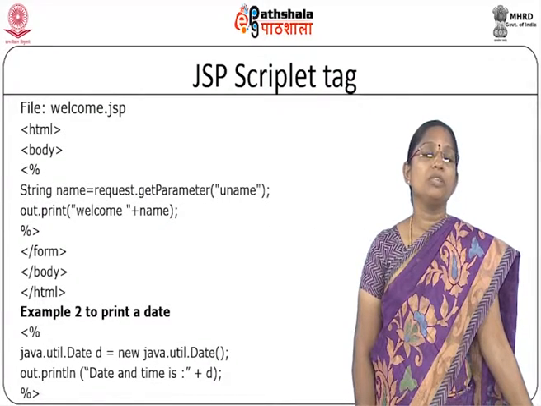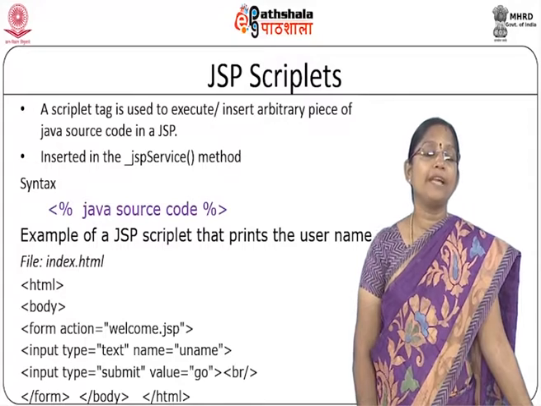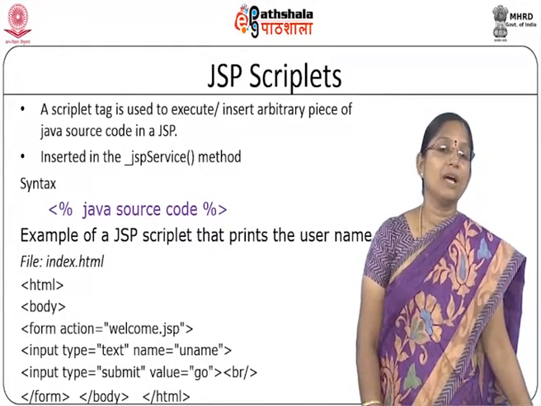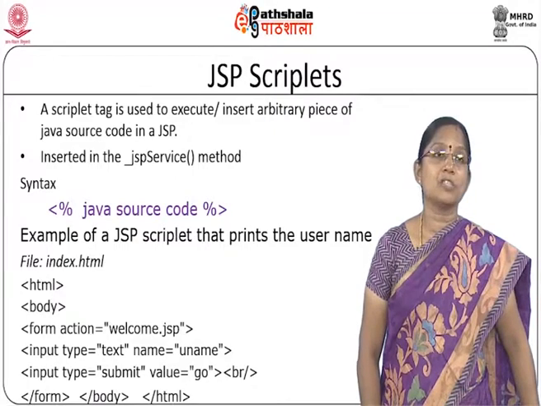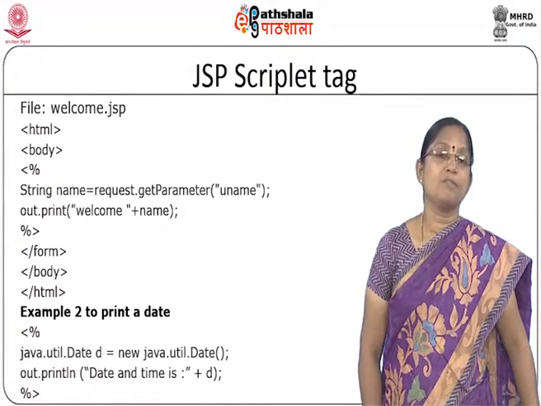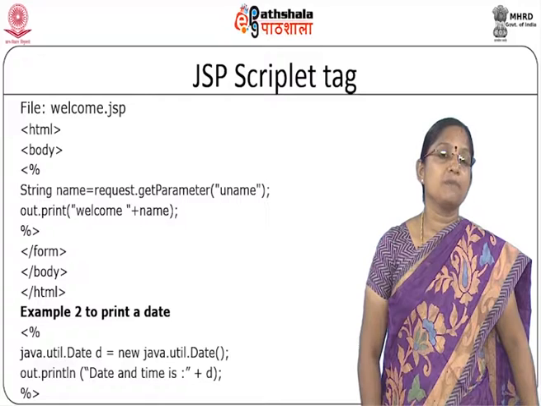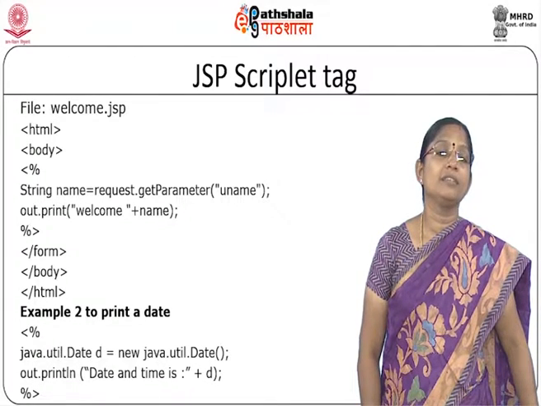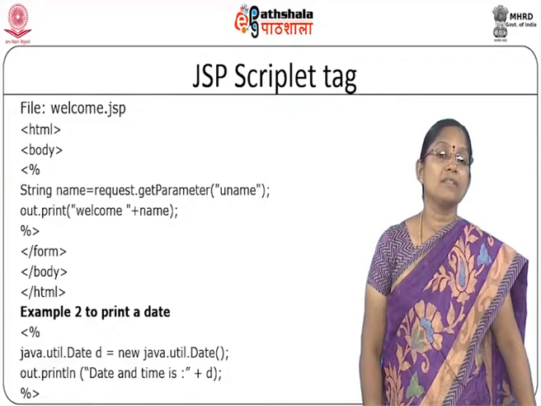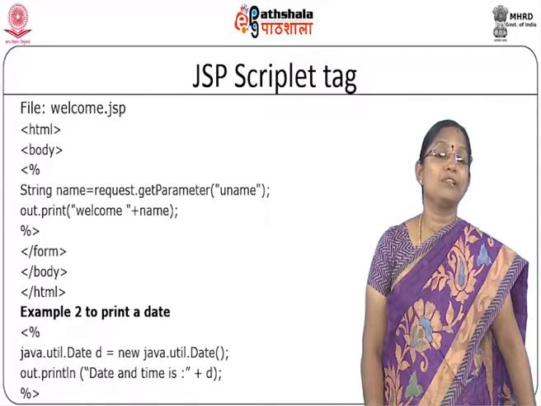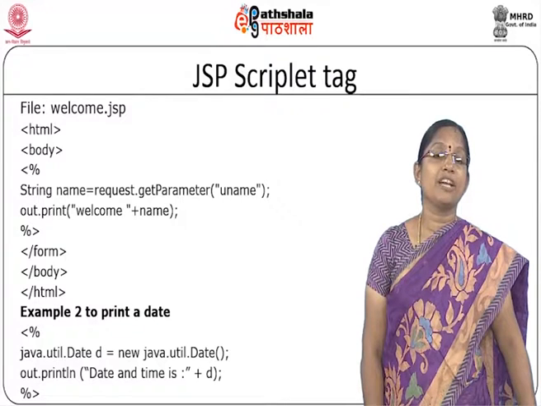If you look at welcome.jsp, after providing the username, once the submit button is pressed, the corresponding action taken will be welcome.jsp. In the welcome.jsp, you can see a scriptlet available within the body tag. What is this scriptlet? It is going to execute a statement called request.getParameter of uname.